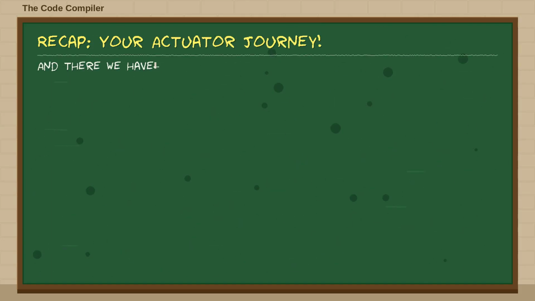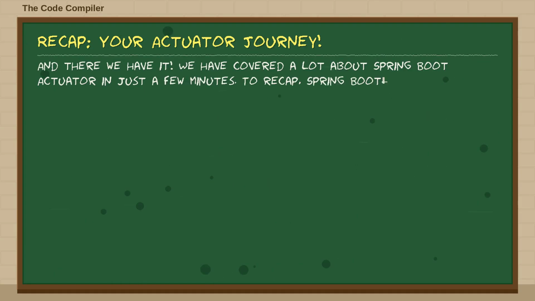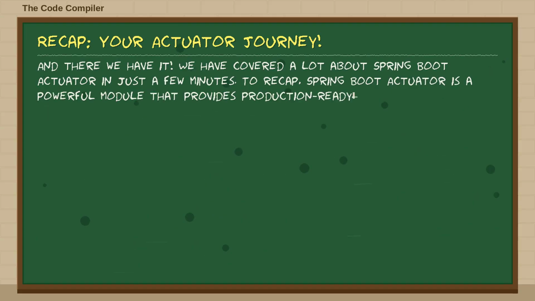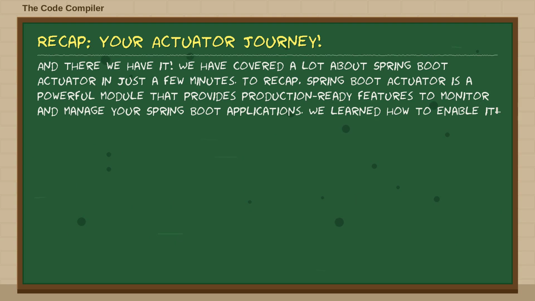We have covered a lot about Spring Boot Actuator in just a few minutes. To recap, Spring Boot Actuator is a powerful module that provides production-ready features to monitor and manage your Spring Boot applications. We learned how to enable it by adding the Spring Boot Starter Actuator dependency.